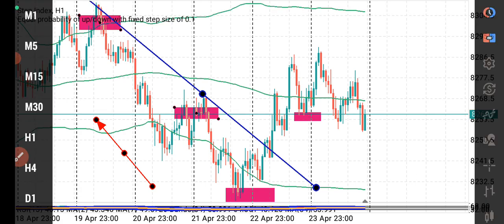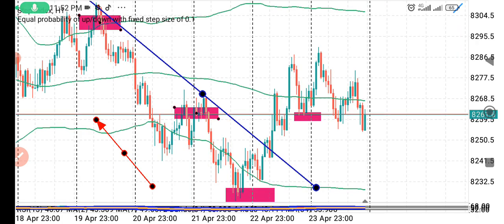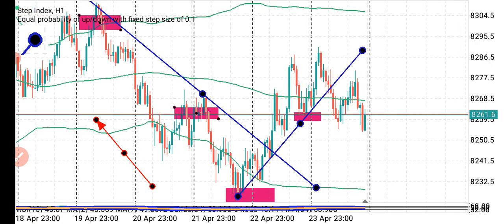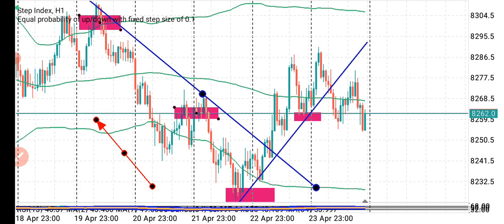So we'll pick up our trend line now and we connect these 2 points together. So this is how to connect our trend line.